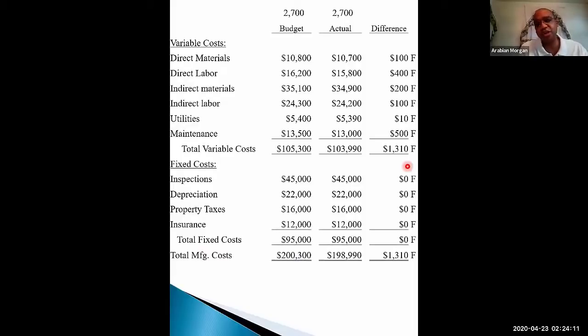But what I want to draw your attention to here is this management by exception bit of terminology that we talked about earlier today. One of the questions that Manny needs to be asked about by the vice president is, that was pretty significant in how you were able to produce more peanut butter, having found some efficiencies. It's a good thing that he did that, but management needs to know, how was that achieved?